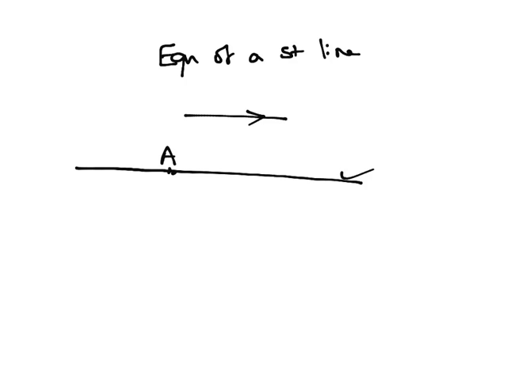So I'm going to take the A as x1 comma y1. Okay, and I'm going to take this vector as, let's say, b vector, as b1, b2. Okay, now how do I find the equation of this line?